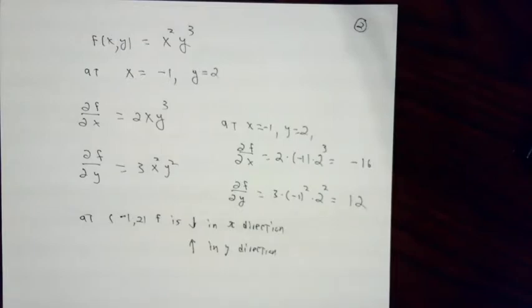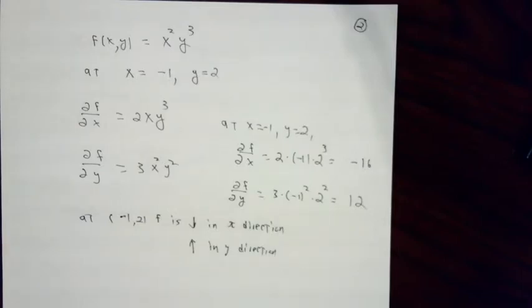In the case of the partial derivative of f with respect to y, x squared is a constant factor. The variable is y. The derivative of y cubed is 3 times y squared. So putting it all together, partial of f with respect to y would be 3 times x squared times y squared.